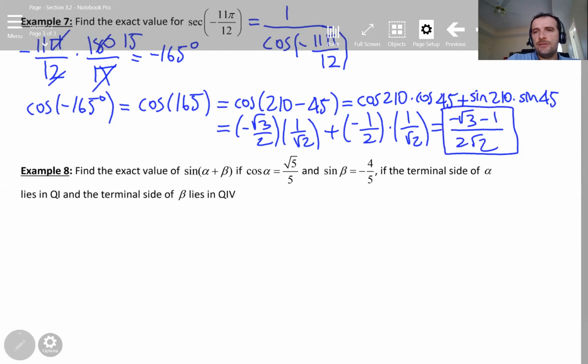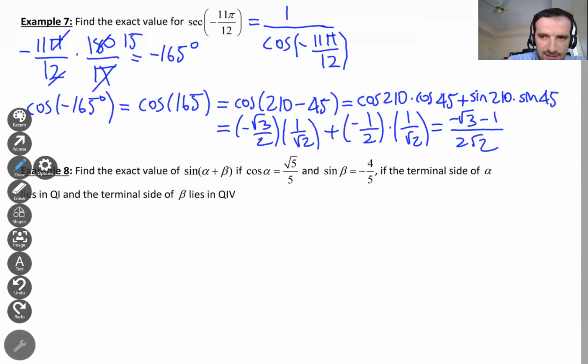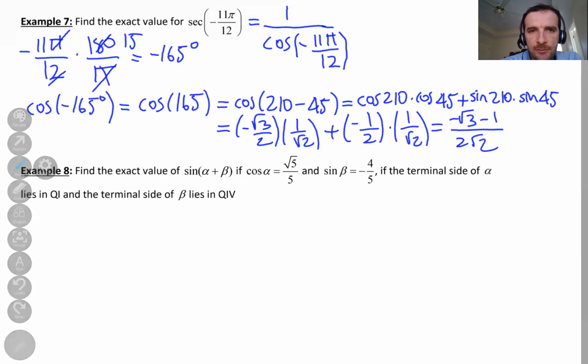But this is not the answer, right? I just put a box around it, but it's not the final answer. This is cosine of negative 165, but I need to find the secant of this angle.